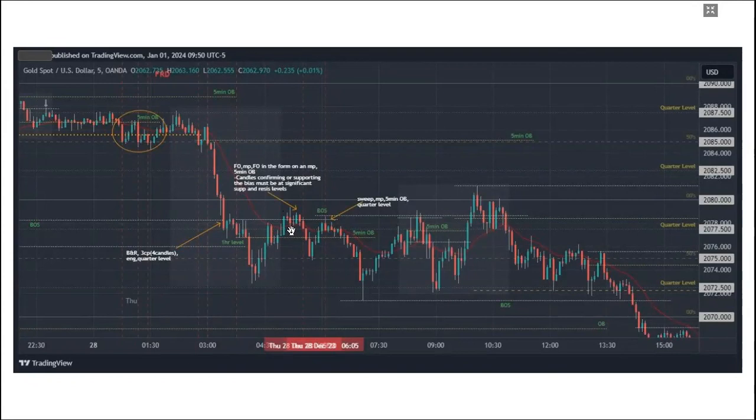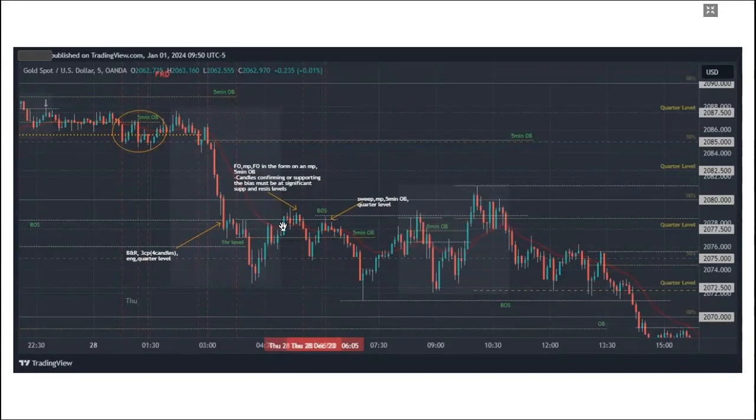Now in this area here, we do have confirmation for sells. We have a fake out in the form of an M pattern. If you look at the line chart, you'd see the price go up, and down. And this is all happening in a 5-minute order block area. Here, candles confirming or supporting the bias must be at a significant support or resistance level.